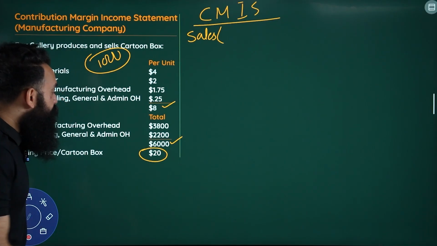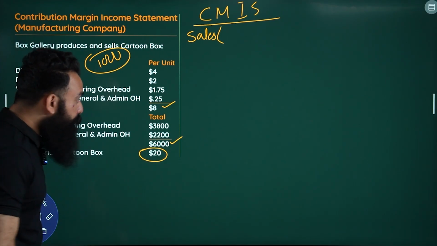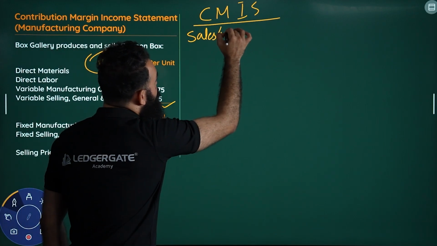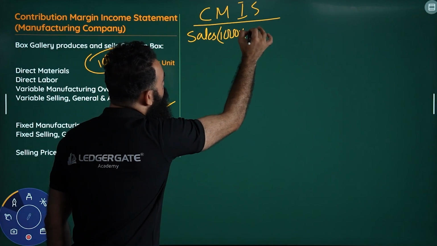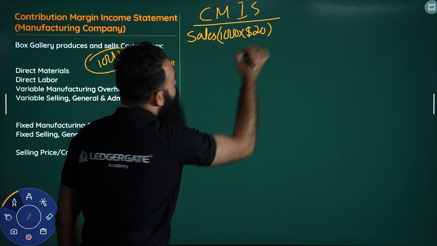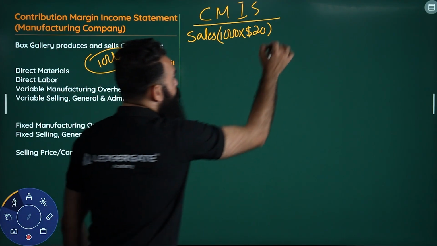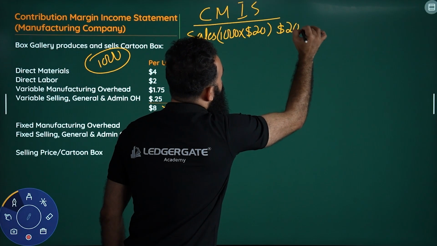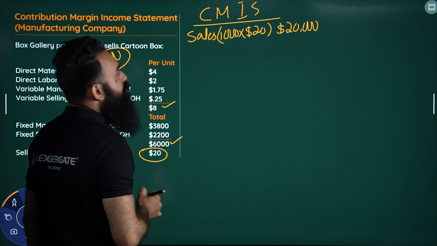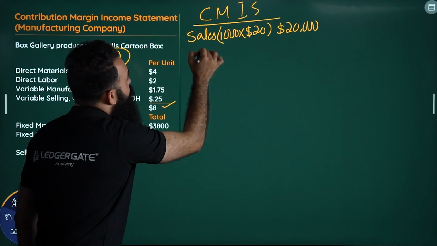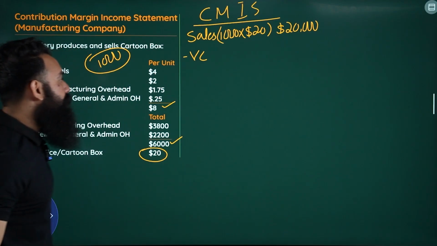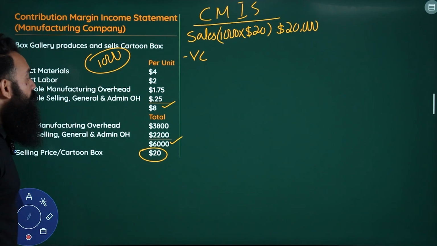Each unit we are selling for $20. How much would be our sales? 1,000 into selling price $20, it would be $20,000. From this revenue, from this sales, we are going to deduct variable cost.